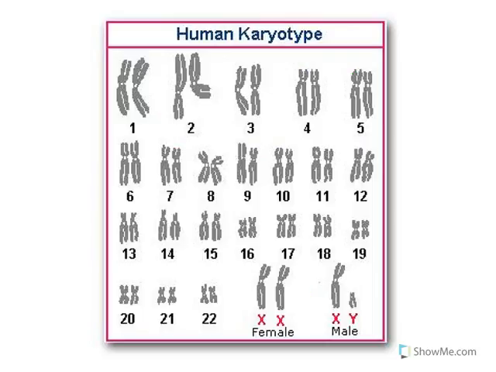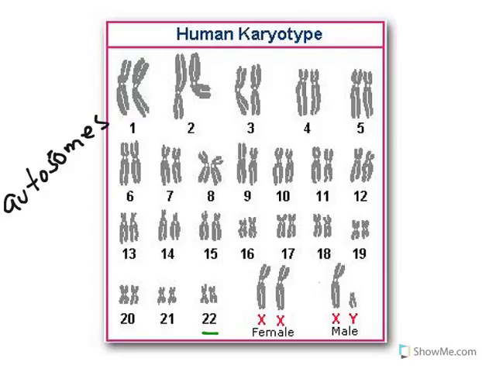Here we have a picture of a human karyotype showing the chromosomes that exist. There are 22 pairs of what we call autosomes. Now, autosomes are non-sex chromosomes that are going to be found in the nucleus.